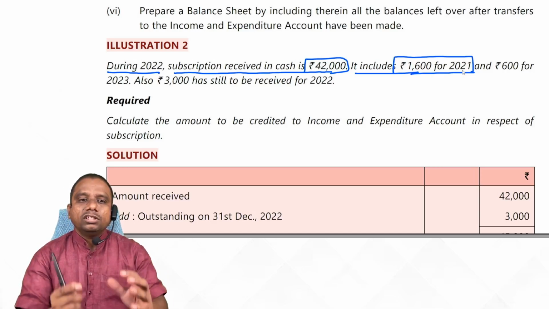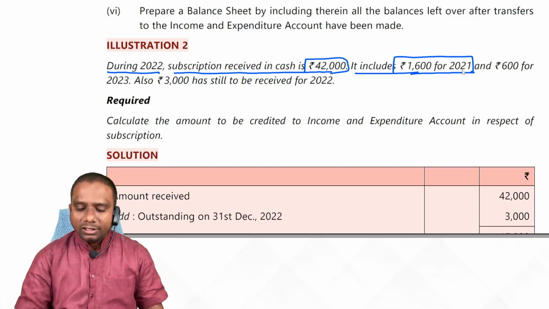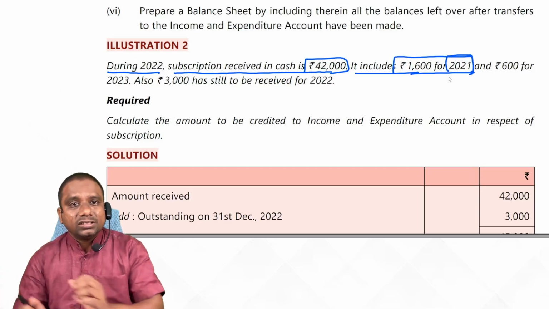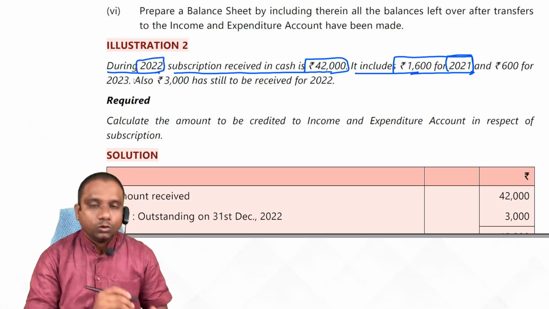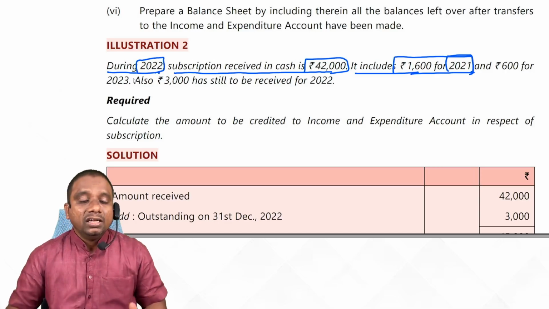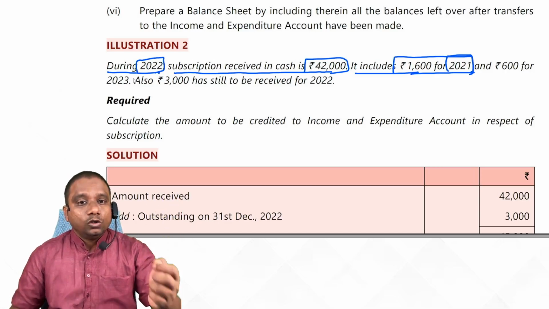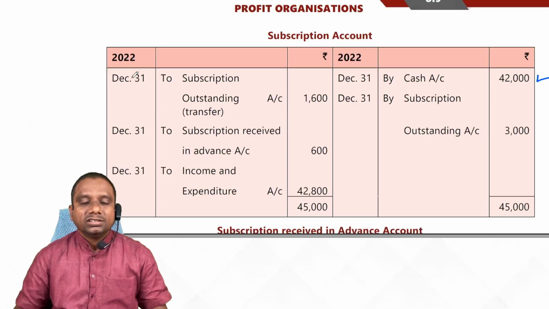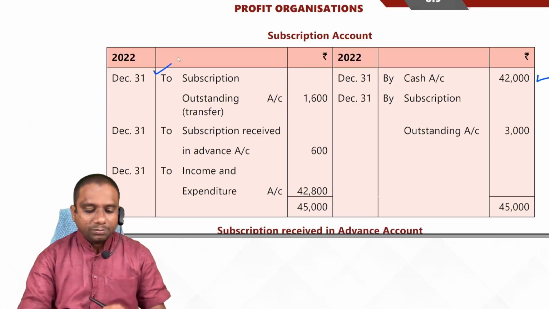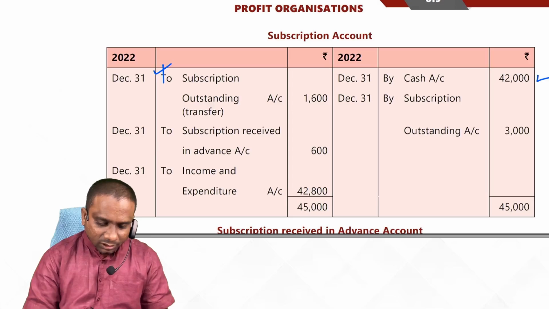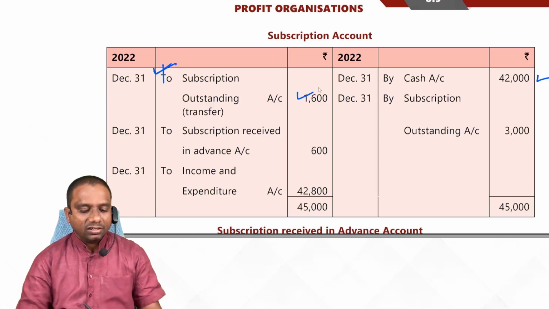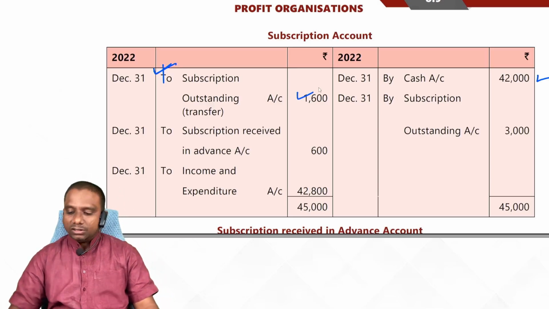Whatever the closing entry recorded for the year 2021, the same will be reversed in the year 2022. Means what is the reversal entry? Subscription account debit to subscription receivable account. For that, what is the posting, student? Subscription account debit to subscription outstanding. Yes, this one 1600, 2021 outstanding.